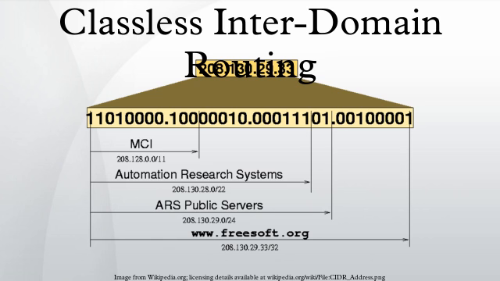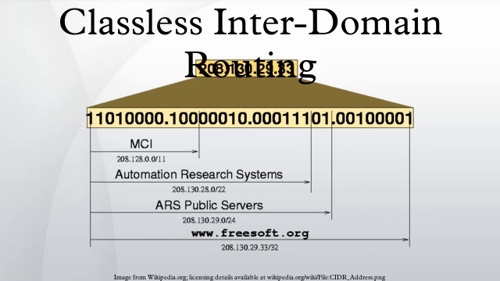Automation Research Systems, a Virginia VAR, leased an Internet connection from MCI and was assigned the 208.130.28.0/22 block, capable of addressing just over 1,000 devices. ARS used a /24 block for its publicly accessible servers, of which 208.130.29.33 was one. All of these CIDR prefixes would be used, at different locations in the network.